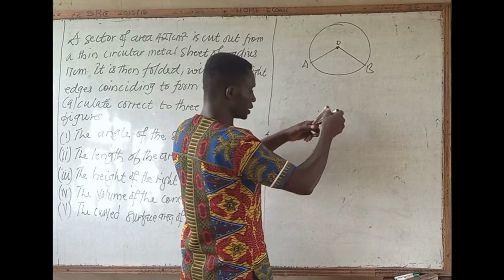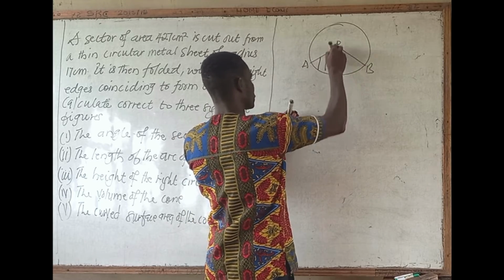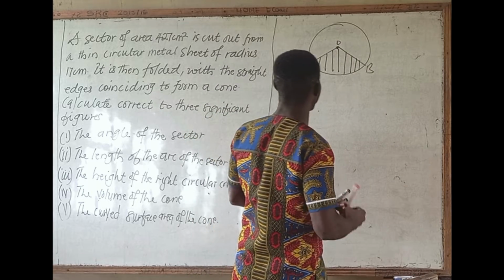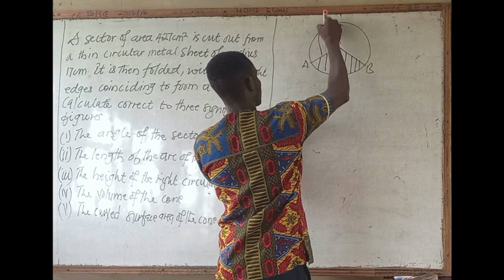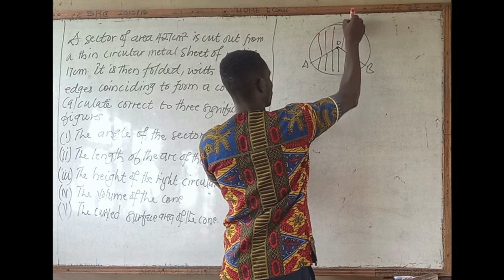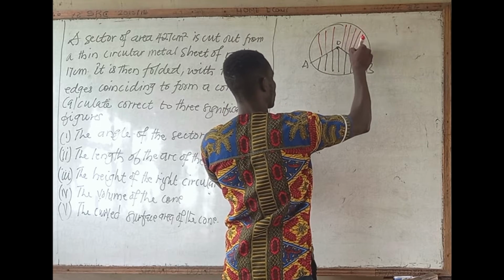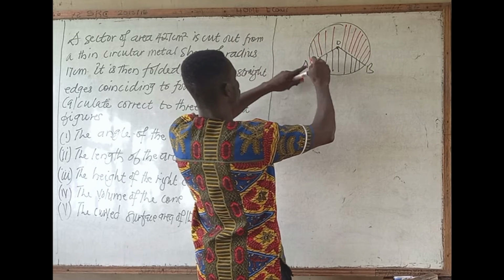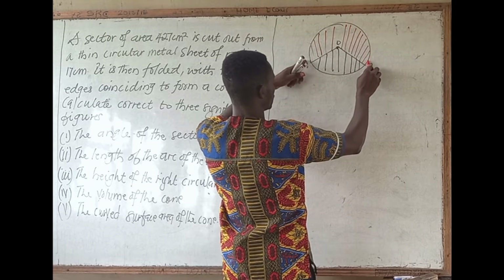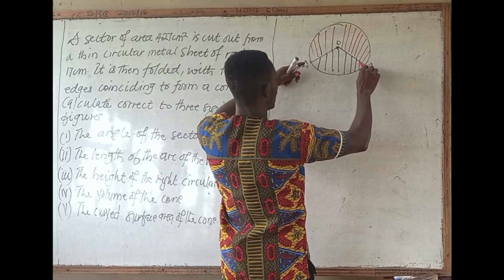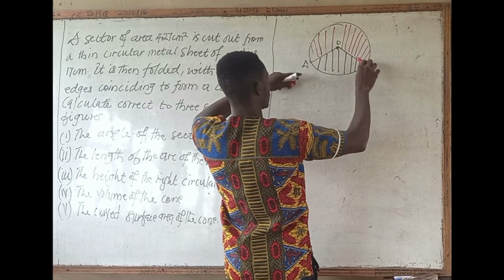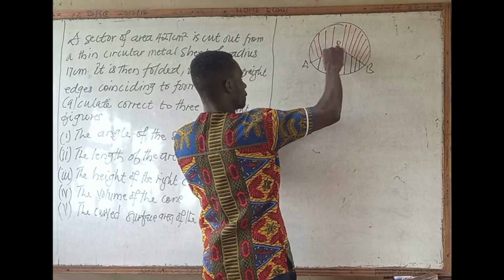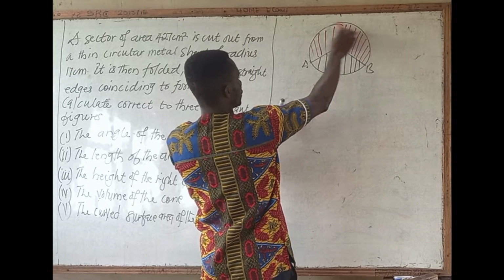So the whole of this is a sector, and up there is also a sector, because this is an arc closed by the two radii, AO and OB.